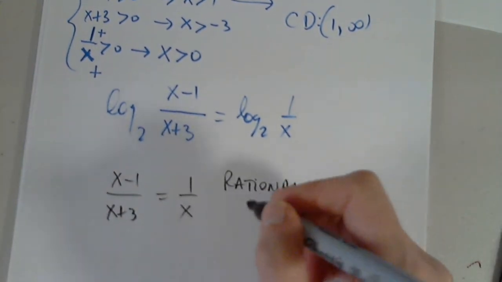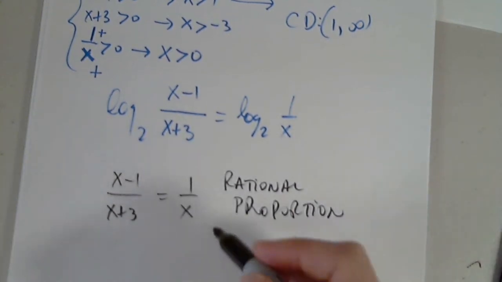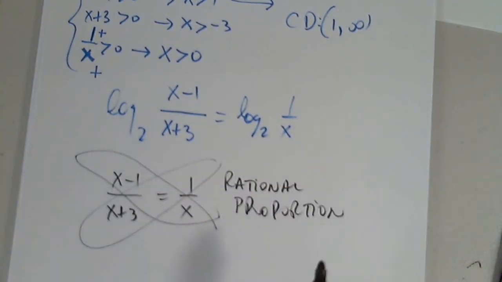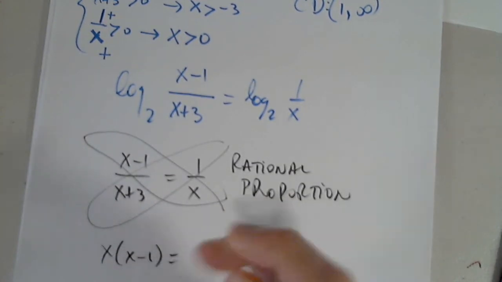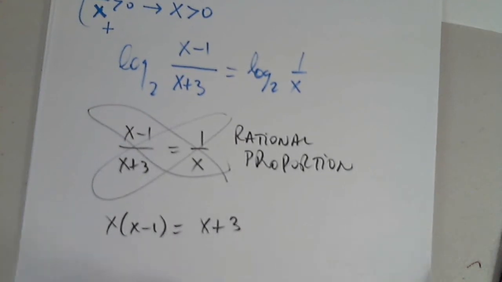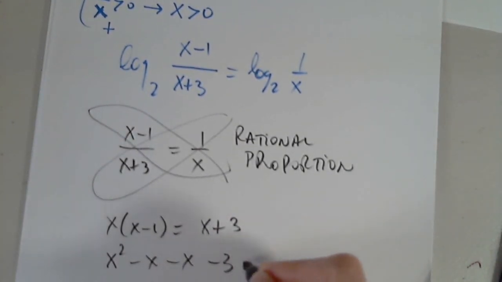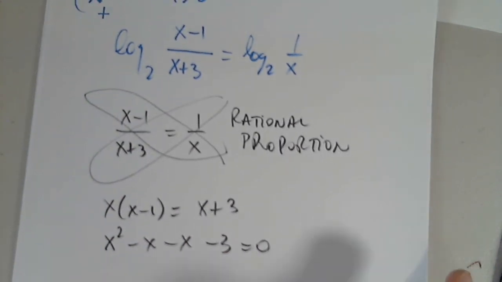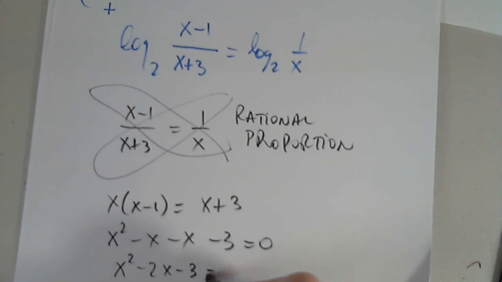It's a rational, also a proportion. I love proportions. X times x minus 1 equals x plus 3 times 1. Distribute, x squared minus x, move, 0. So this is x squared minus 2x minus 3.